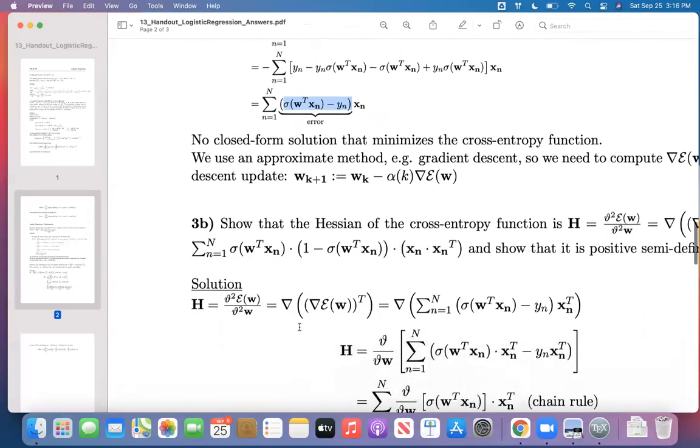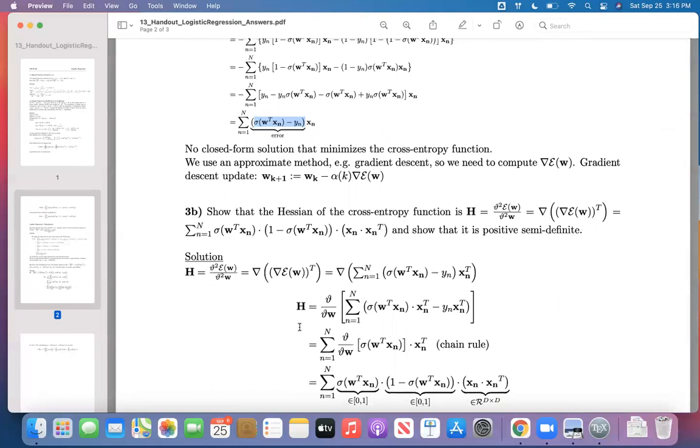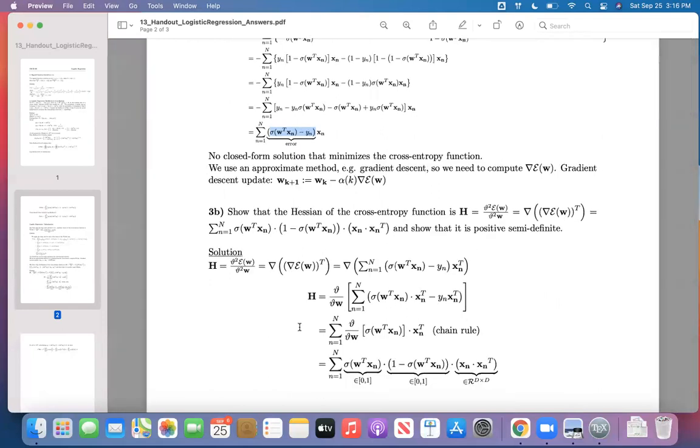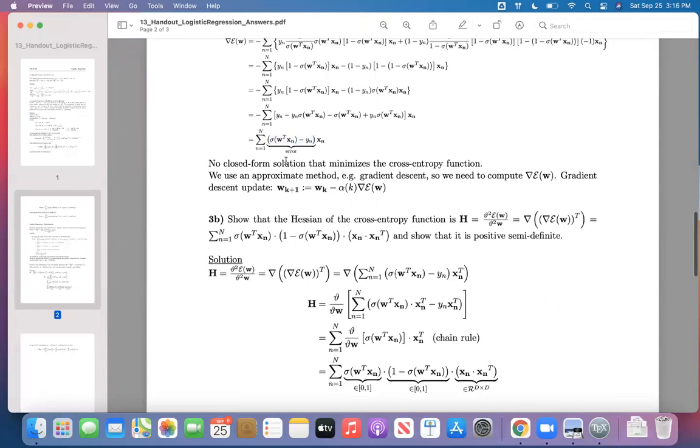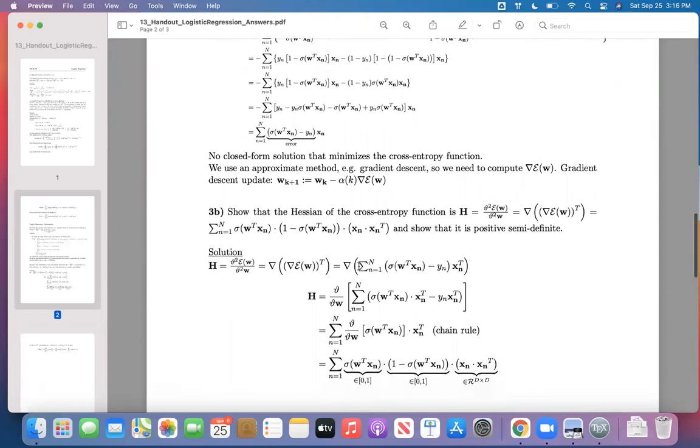Now, another thing that we can show here is that the Hessian of the cross-entropy error is positive definite. We can compute the Hessian by just computing the first order derivative of the gradient of the cross-entropy error. By definition now, this is the gradient of the cross-entropy error, and we just compute one more time its first order derivative.